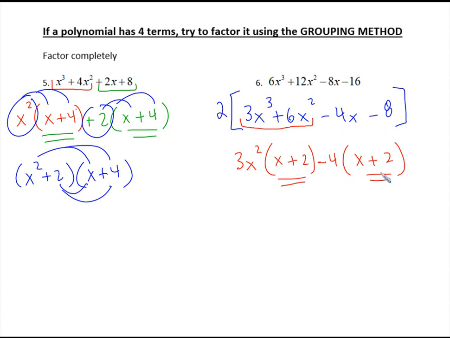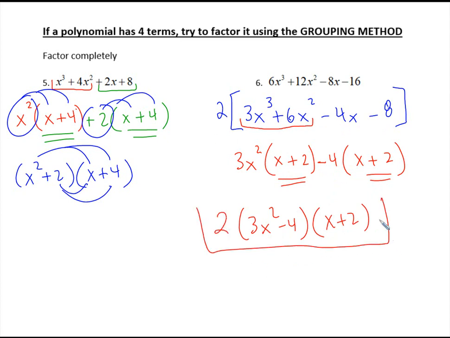Since they're the same, it's a good indicator that I'm doing the problem correctly. So my final answer, I have the 3x squared minus 4 as one factor, x plus 2 as another factor. And don't forget your GCF at the beginning. That needs to go in the front. And that's your final answer there. Okay?